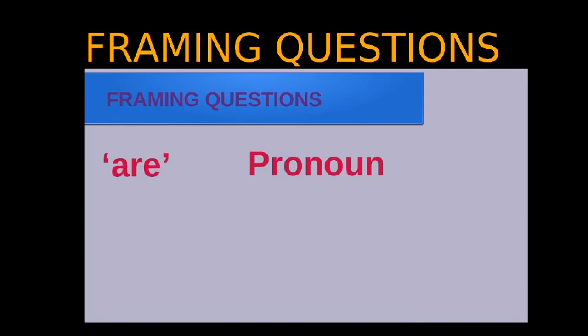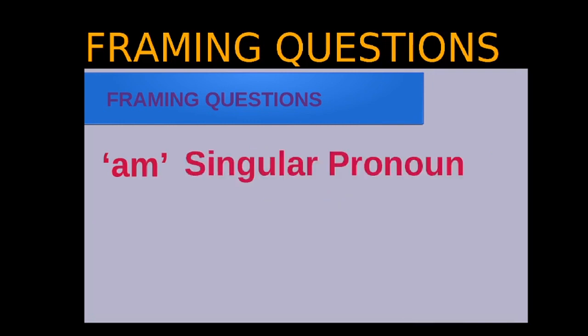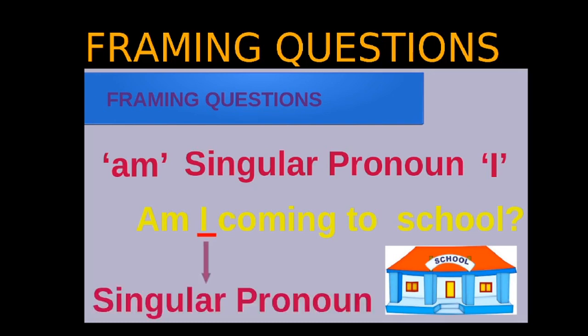Are is used with the pronoun you. Are you playing football? Here you is the pronoun. Am is used with the singular pronoun I. Am I coming to school? So here I is the singular pronoun.